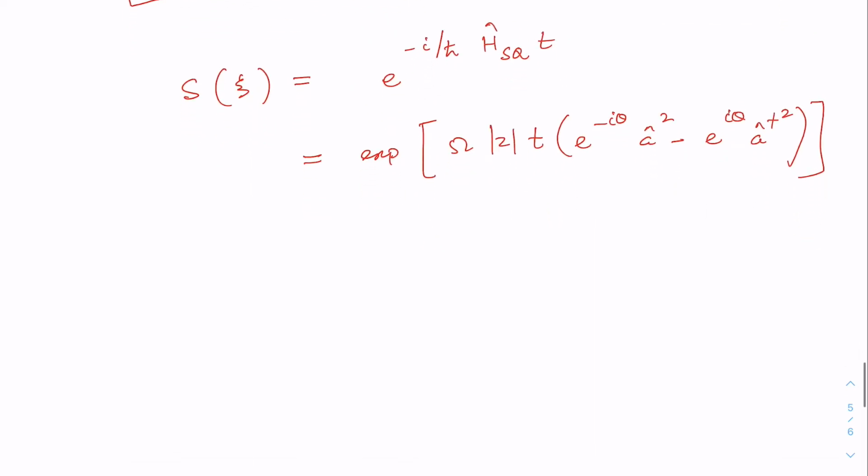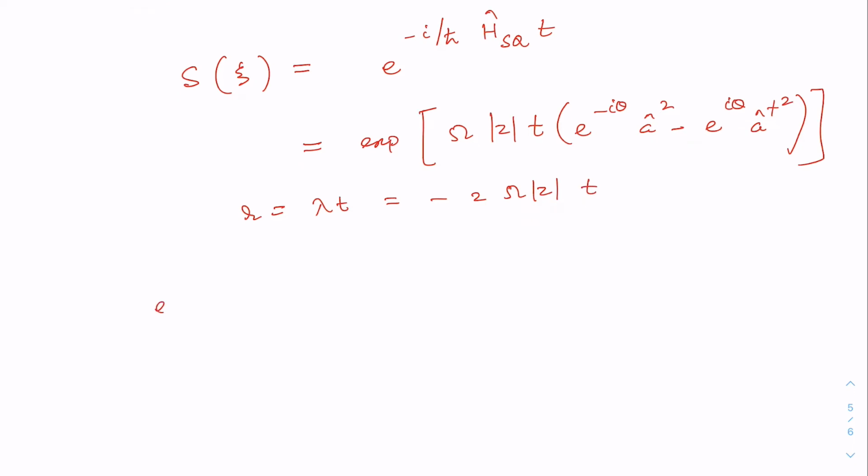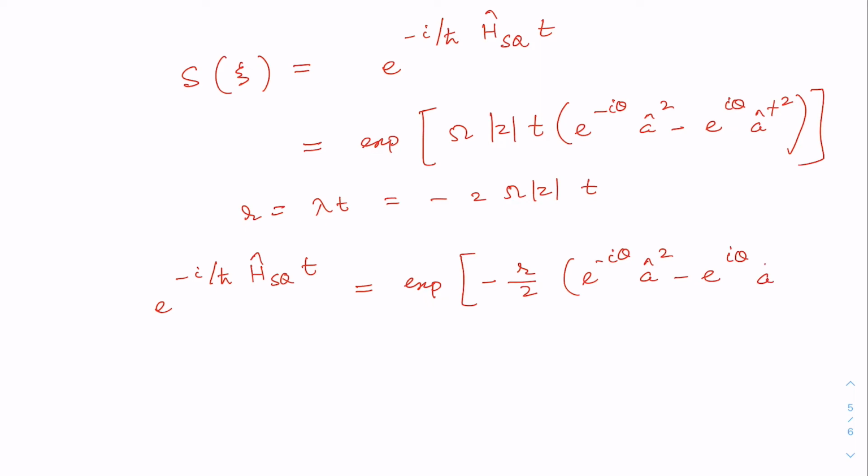Okay, so this is my squeezing operator, and because we have already taken that r is equal to lambda t, which is minus twice omega mod z, that is our lambda. So therefore I can finally write this expression e to the power minus i by h cross H_sq t is equal to exponential r by 2 e to the power minus i theta a square minus e to the power plus i theta a dagger square, which is basically my squeezing operator.